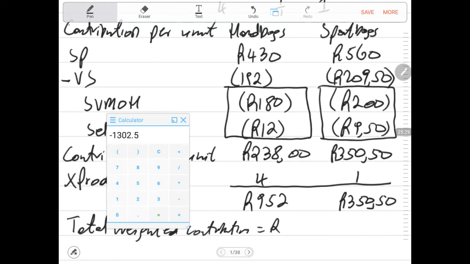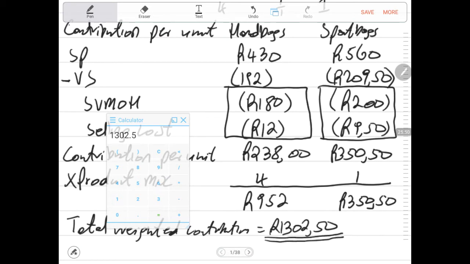I'm saying plus, it is negative because the figures are both negative. 1,302 rand 50 cents. Some students get to be confused. It is 952 plus 350.50. 1,302.50. This is the amount that we are going to use to divide with our fixed cost in order for us to get to the break-even point per batch.